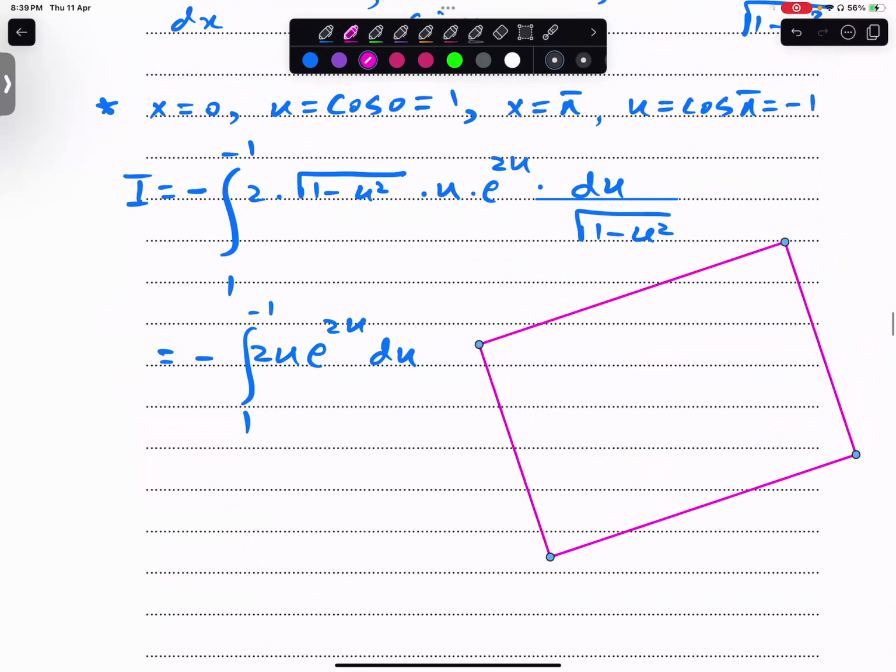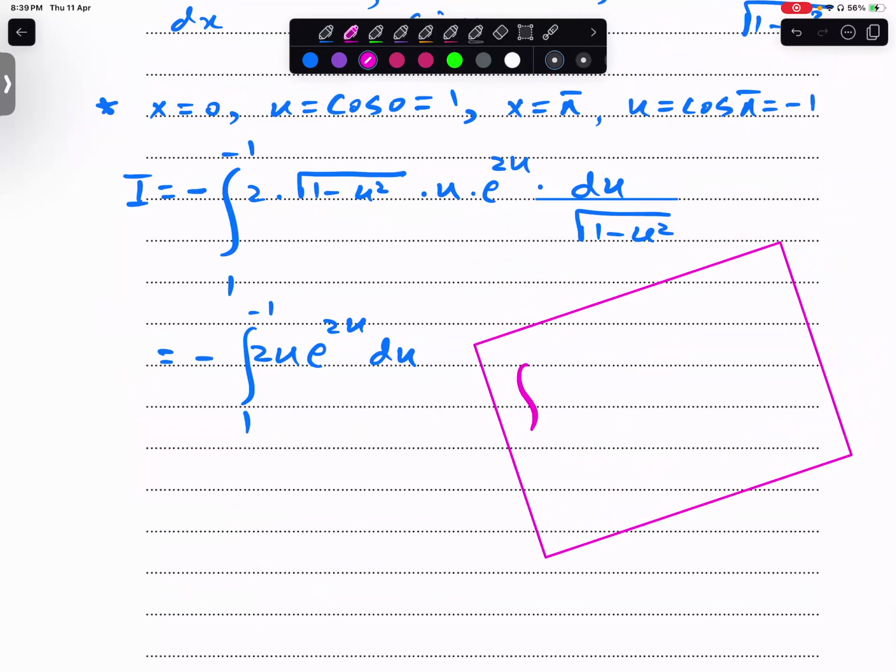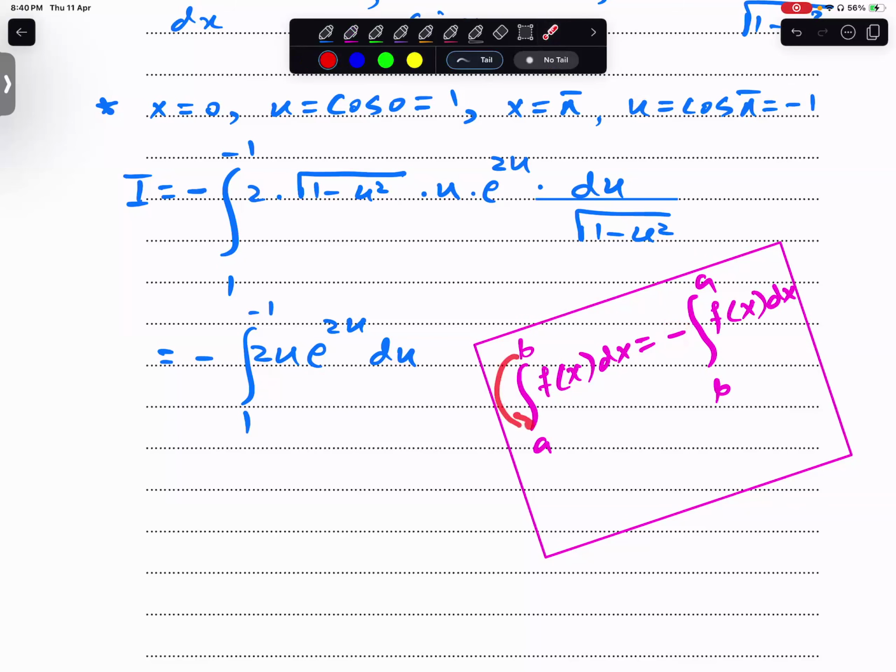Now the property of integration says that if you have any limit from a to b, f of x dx, and if you just flip the limits, let's say if I write b a f of x dx, doesn't matter, just replace the sign with minus. So there is effect of minus outside the integral if you interchange the limits.